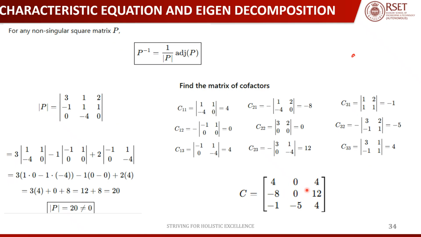Here you have C22, which is 0. Here you have C23, which is 12, and then you will be writing C31, which is negative 4, C32, negative 5, and C33, 4. So you have the cofactor matrix here.